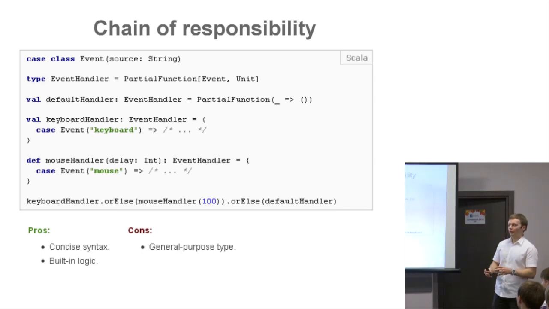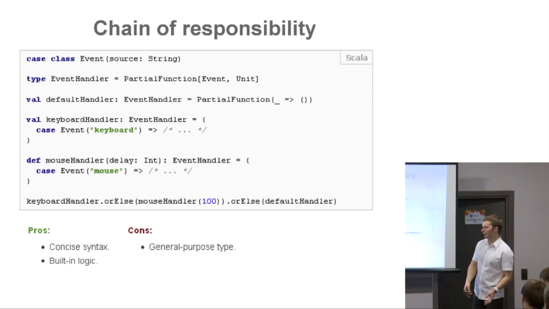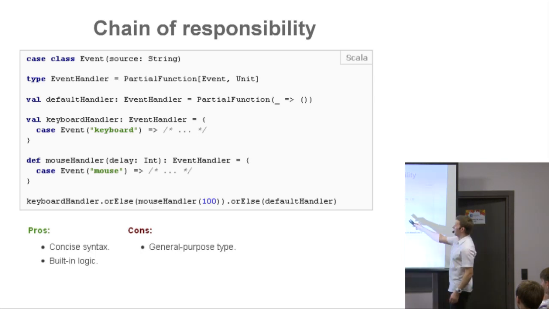So it can either take arguments and perform something, or it is not applicable for some argument and does no processing. Here's the type alias for partial functions that can process our events. And here's how we can actually define our keyboard handler.